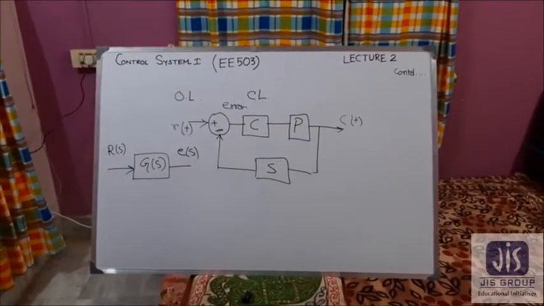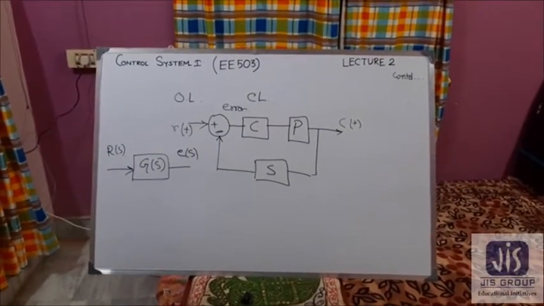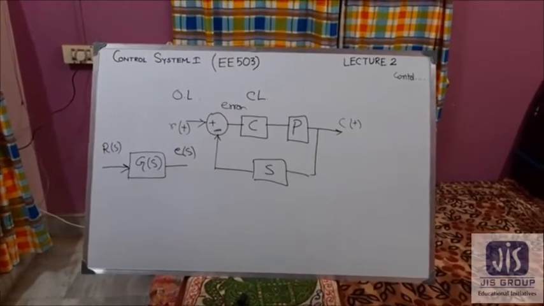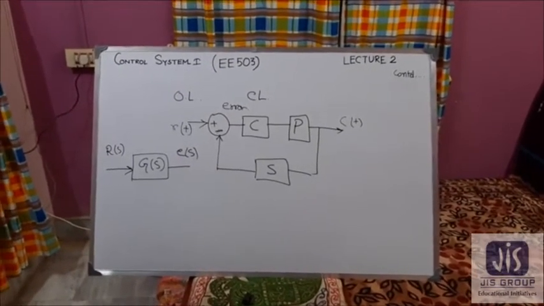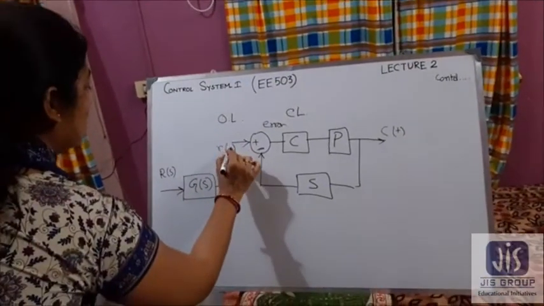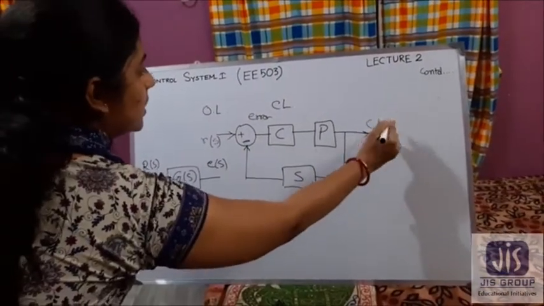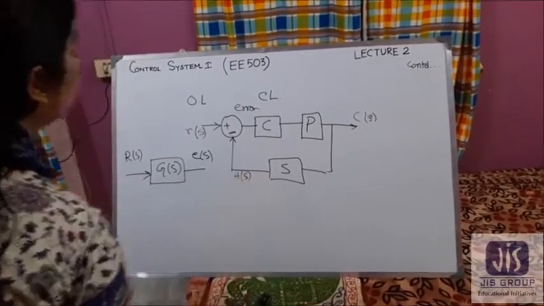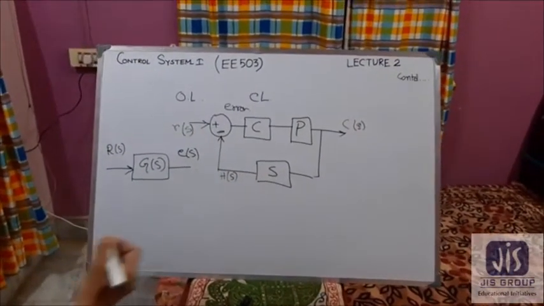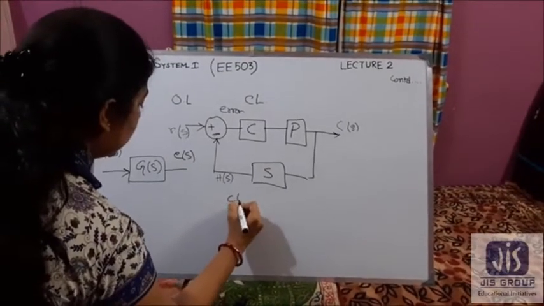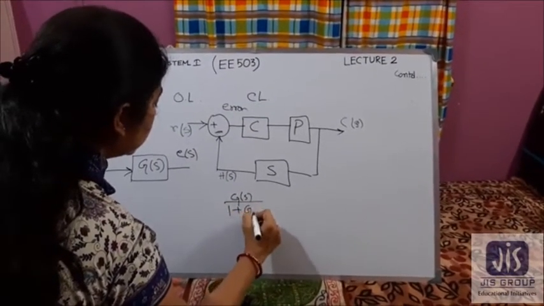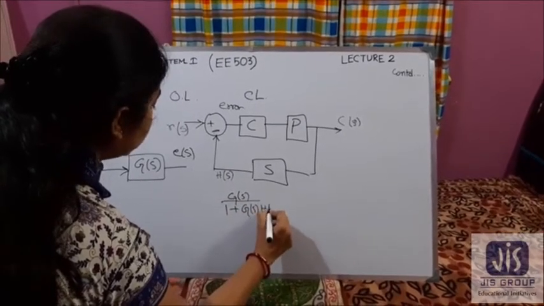So in an open loop system, the open loop gain is G(s), and in feedback, if we use, this is in the s domain, R(s), and also in the s domain C(s), and the feedback is H(s), then the closed loop transfer function becomes G(s) divided by 1 plus G(s)H(s).